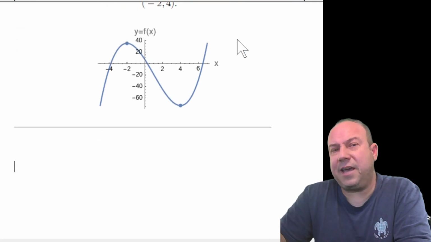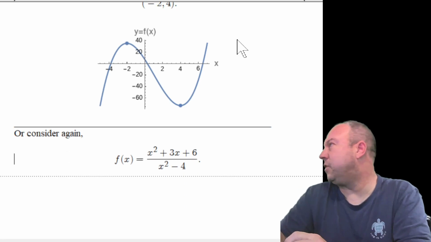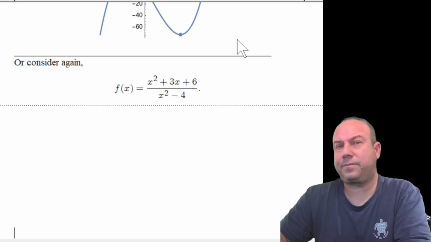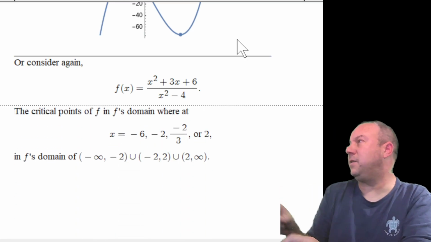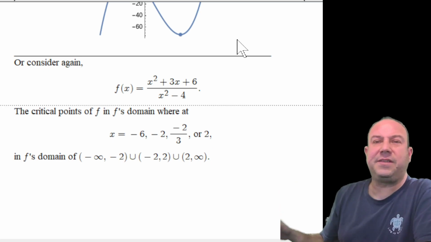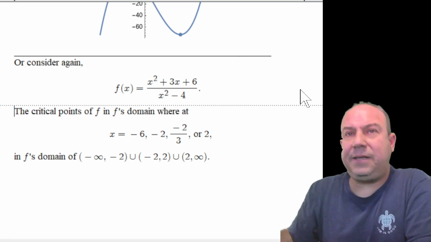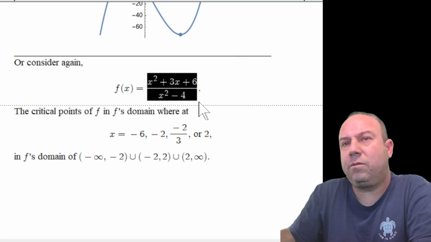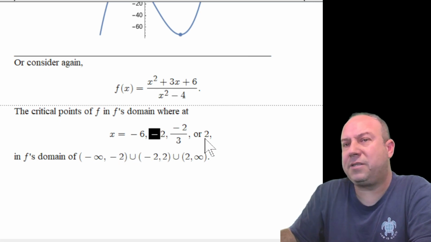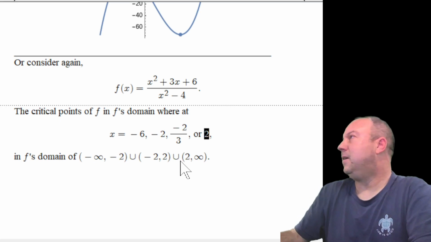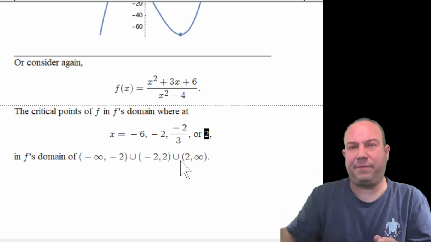We see that in this case, and we see it in the following case. If you go back and reconsider that rational function in our last example, our critical points were at plus or minus 2, negative 6, and negative 2/3. If we think about f's domain, we were not allowed to be at plus and minus 2. At plus and minus 2, we had critical points that were vertical asymptotes in our graph.